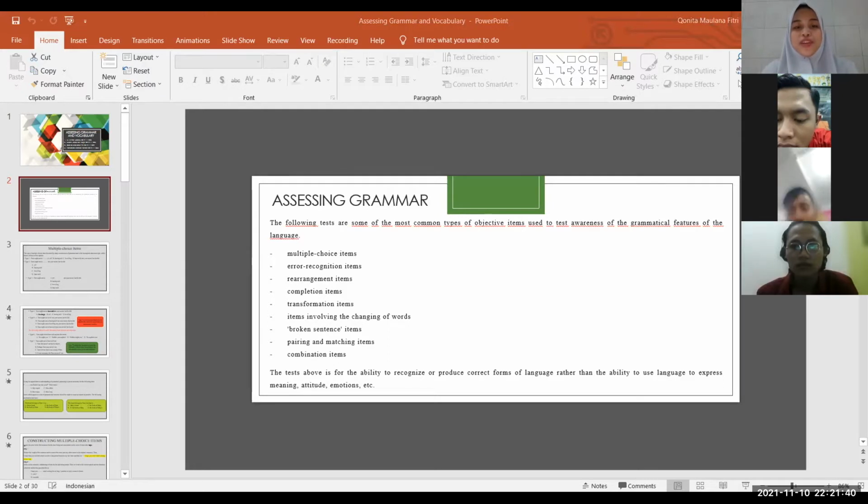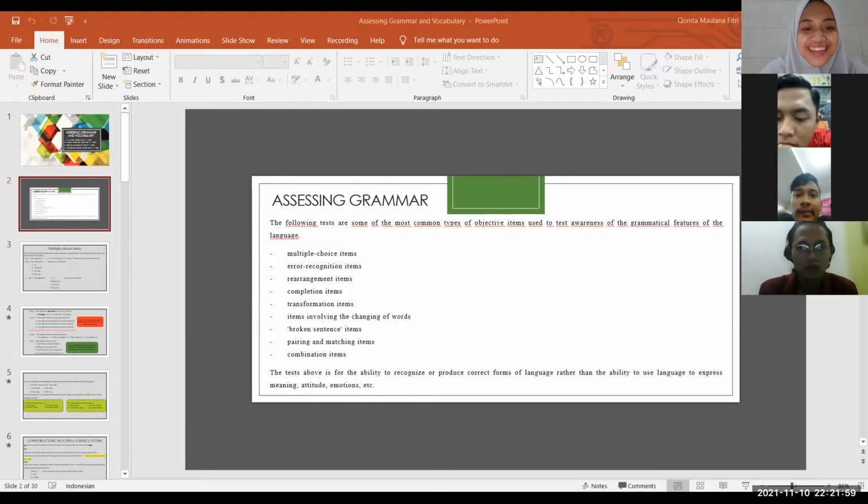Now I'm going to explain about assessing grammar. The following tests are some of the most common types of objective items used to test awareness of the grammatical features of the language.